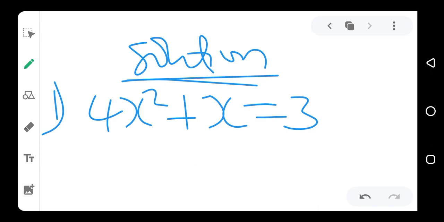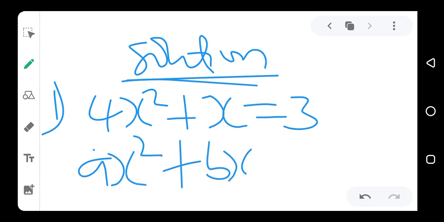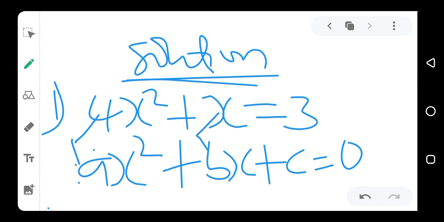Now our standard equation is ax squared plus bx plus c is equal to 0. Here, the value of a is 4, and this is 1x, which means that the value of b is 1.